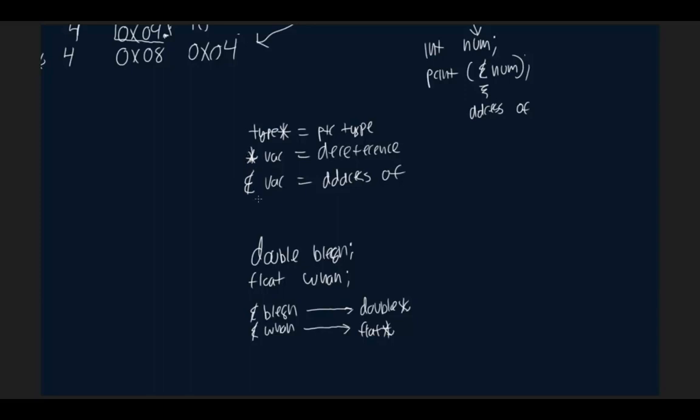And again, C and Objective-C are white space insensitive, meaning you can place as many bits of white space between the star and the variable, but I would highly recommend sticking with placing the star immediately next to the variable for dereferencing. But these are the three symbols, or two of them are the same, but you know what I mean, that are very important for working with pointers.